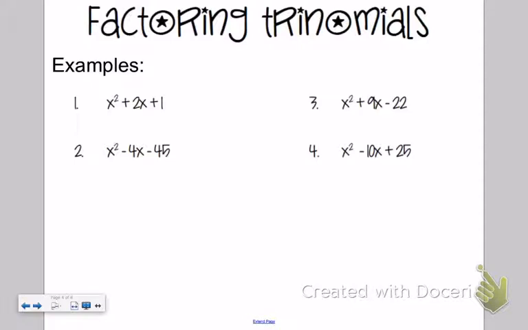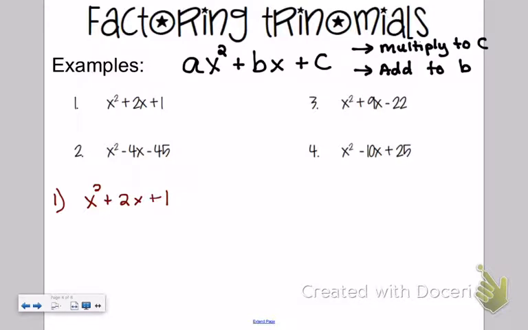We're going to use our knowledge from the last two slides and the last Your Tries in order to actually factor these trinomials. So if we look at number 1, we have x squared plus 2x plus 1. So what we are going to do is look for numbers that multiply to our c term but add to our b term. So the first thing we need to do is identify what our c term is. If we look up here, we have the generic formula.